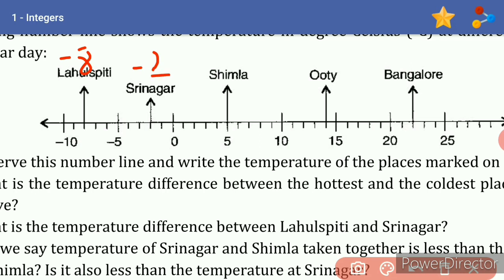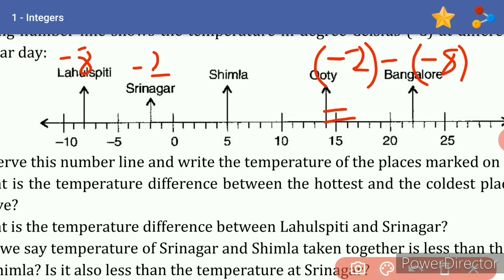Now how do we find the temperature difference? We first write the bigger number, then the smaller number, and to find the difference we do subtraction. So how do we find minus 2 minus 8?